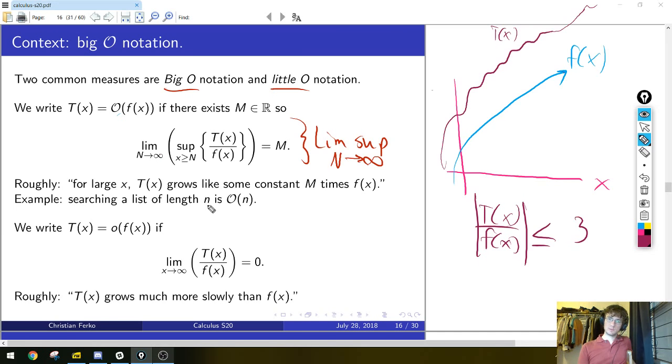Well, if you have a list with n elements and you ask, is 5 in my list, to tell whether the integer 5 is in your list, you have to look at every single element and check whether it's 5. So if you make the list twice as long, you have to look at twice as many elements, typically. So the time it takes you to search the list will double. So that function of searching a list is big O of n.